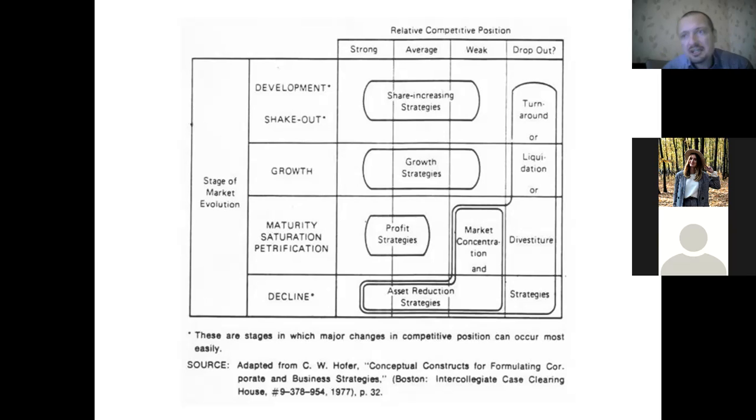And please take into account that it is possible to change the situation of our strategical business unit on the horizontal dimension, when we are speaking about our relative competitive position. Theoretically, it is possible to increase it, to invest money, to buy new technology.